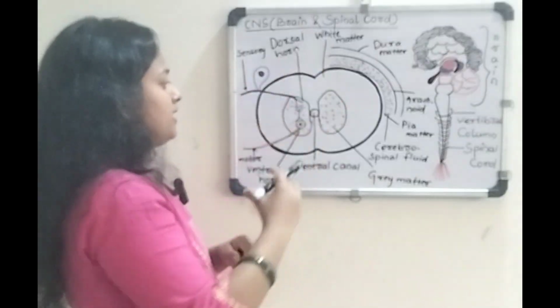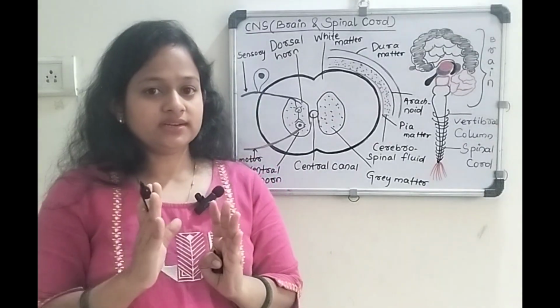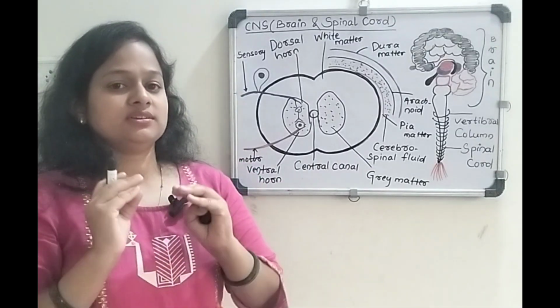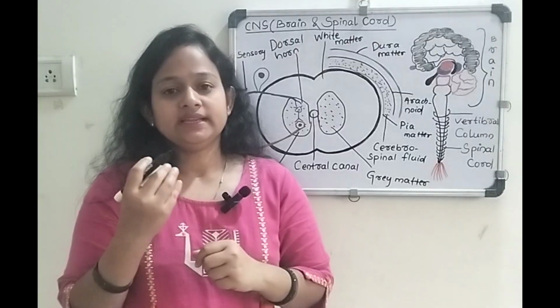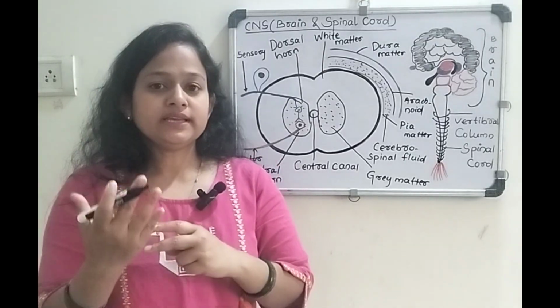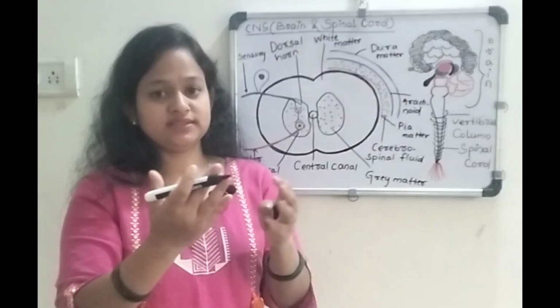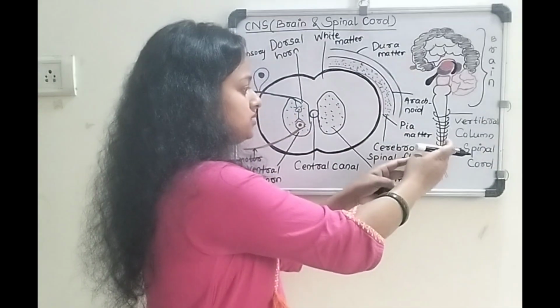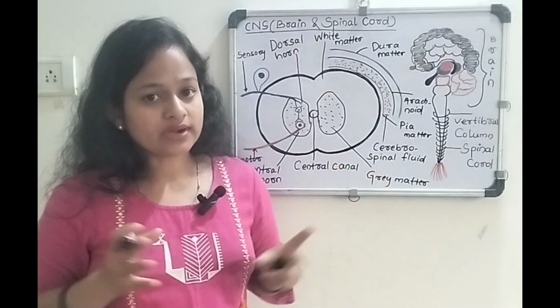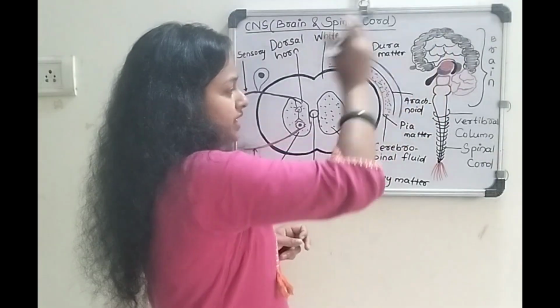So in this way, the function of the spinal cord is that it is the center of reflex action, and it relays the message between the peripheral nervous system, that is the different nerves that originate from the spinal cord to different body parts, and the brain.